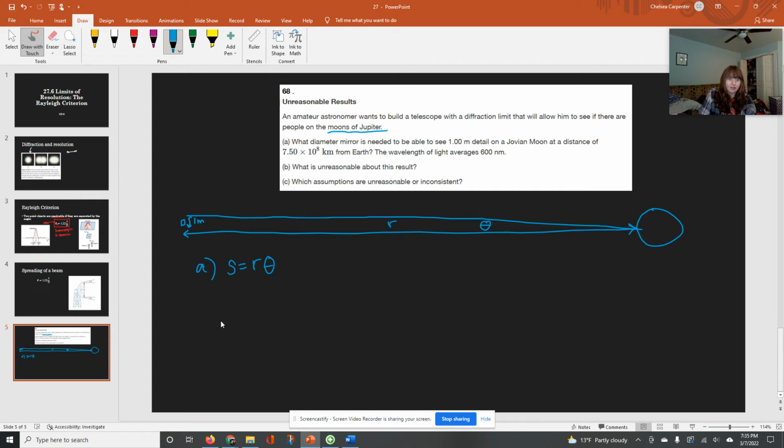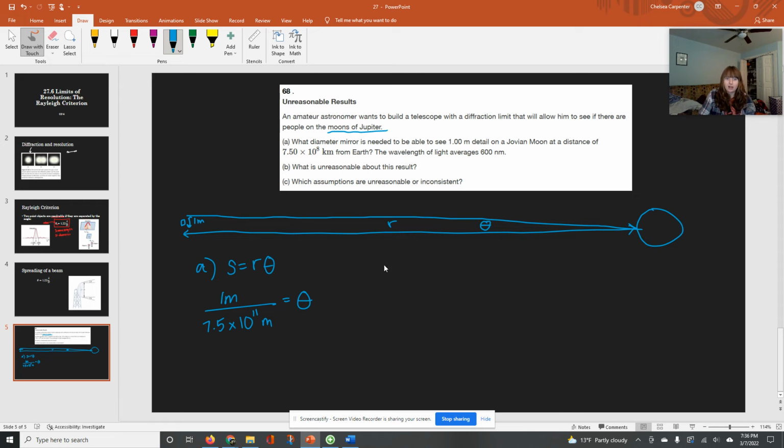So we have a 1 meter wide object, and we need to divide that by our distance of 7.5 times 10 to the 8th kilometers, but let's multiply that by 10 to the 3rd to get 10 to the 11th, so that both of these are in units of meters, so that we can figure out our angle theta.